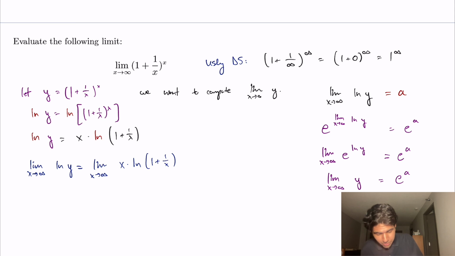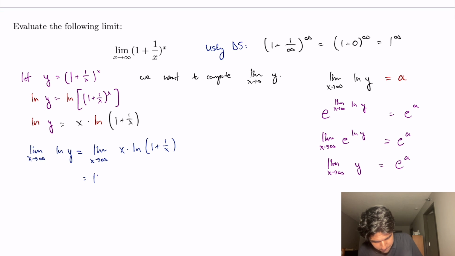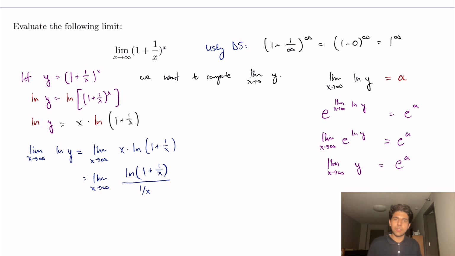We can rewrite this limit as the limit as x approaches infinity of ln of 1 plus 1 over x, and that other x factor, I'm going to divide it by 1 over x. Division by 1 over x is the same thing as multiplying by x.